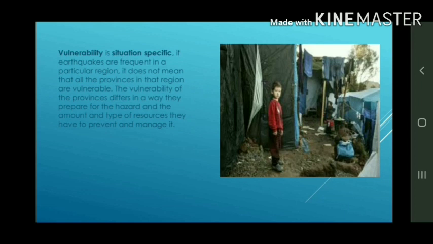If earthquakes are frequent in a particular region, it does not mean that all the provinces in that region are vulnerable. The vulnerability of the province differs in a way they prepare for the hazard and the amount and type of resources they have to prevent and manage it.